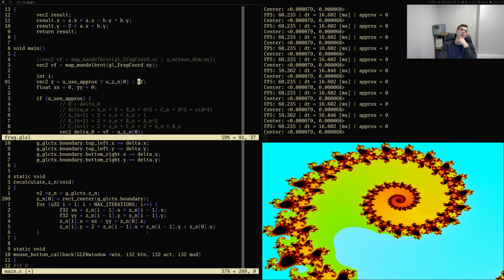We need each corner of the screen to be like minus one x plus one y, plus one x minus one y, and then minus one. We need those corners for this calculation. So probably we want to switch this up a little bit here.